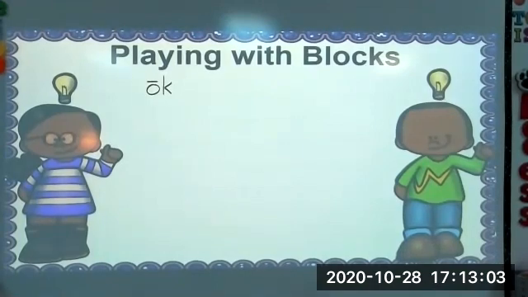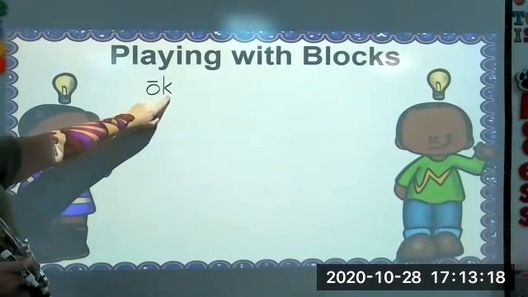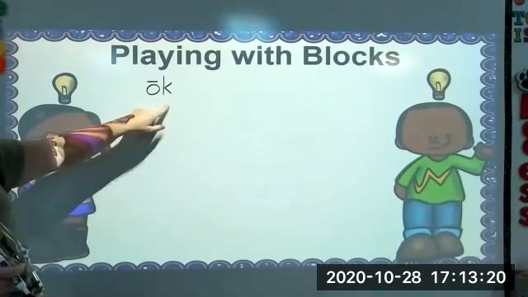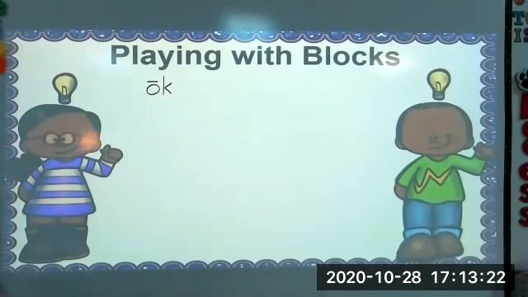Okay, so what I want you to do now is think, how many sounds do you hear in oak? I hear 2 sounds. I hear the O and K, oak. What is the vowel sound in oak?